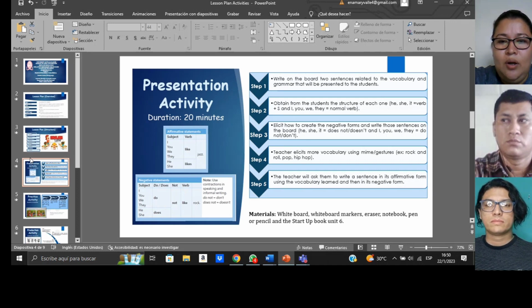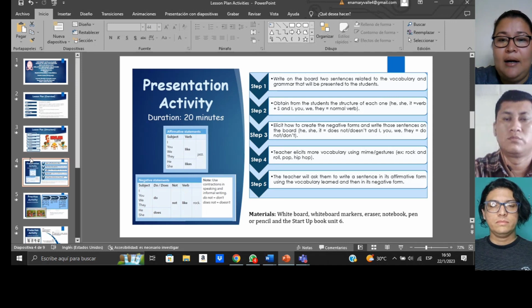And step 2, obtain from the students the structure of each one. In this part, the teacher teaches in what moment to add the letter S and the some pronouns. And step 3, it explains how to create the negative form.